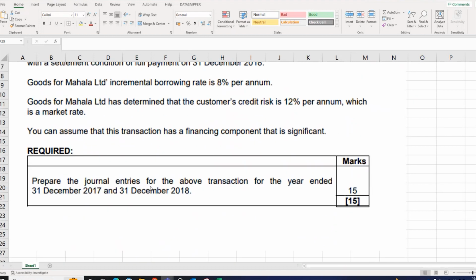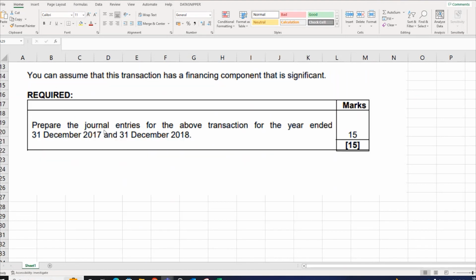The incremental borrowing rate of the company is not the one that you will use, because the standard requires you to use a discount rate that reflects the customer's credit risk. So we know that the period is 2 years.